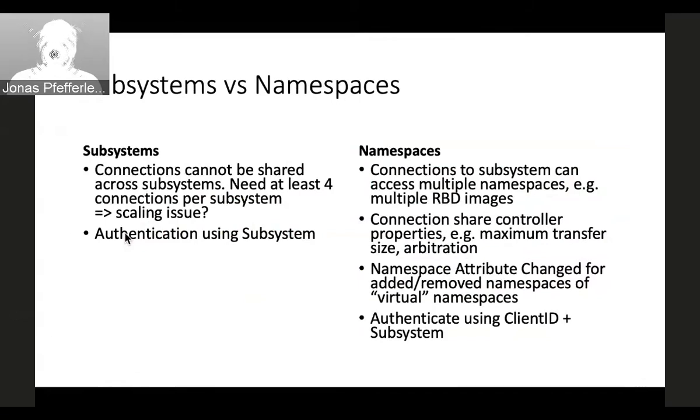And basically then you do the authentication on a subsystem level, whereas in a namespace model, you need one additional ID, a client ID and a subsystem or something like that.